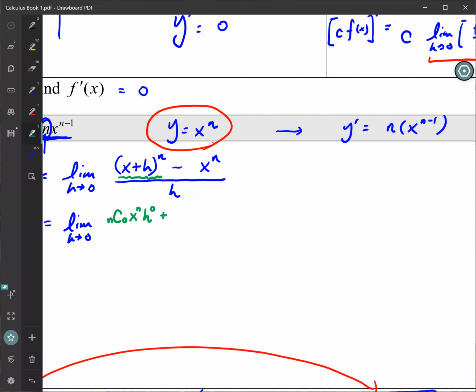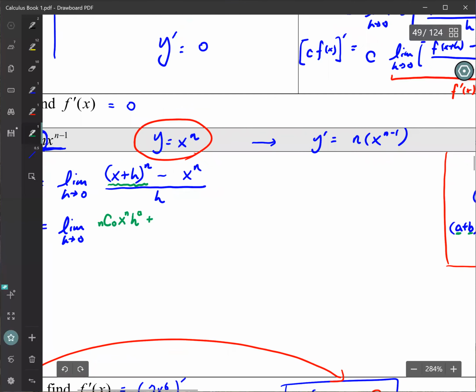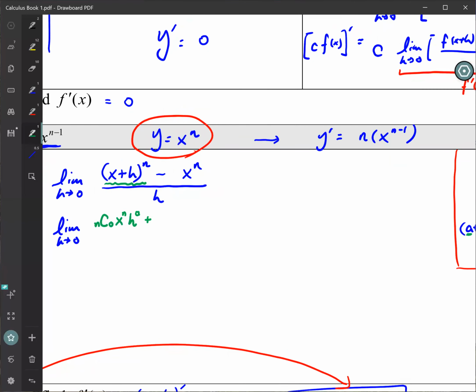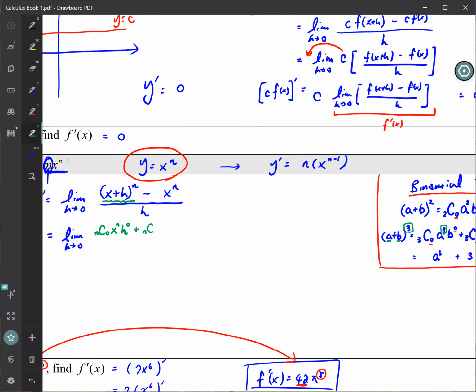Okay, so if we apply the same pattern, how do you write out this next term now? Would it be the same as the first one, except there wouldn't be an h? There will be h still, right? The pattern for the C, you start with nC0. So the next one should be nC what? If you look at the pattern, yeah, right, because it goes up.